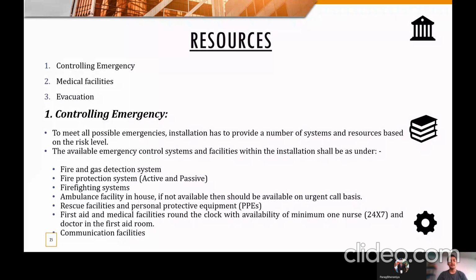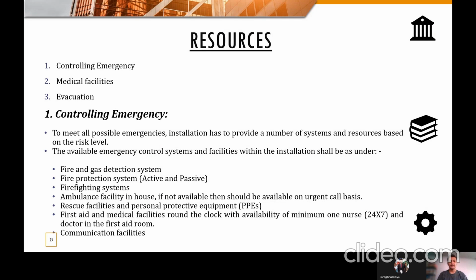The available emergency control systems and facilities within the installations should include the points given below, such as fire and gas detection systems, fire protection systems for the particular installations and personnel, also firefighting systems, and ambulance facilities.